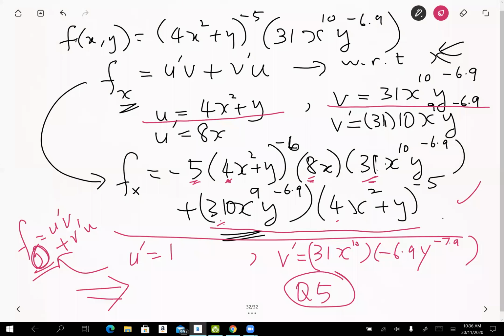Okay, you got it? So you have here U over V, question number 5. You let U be the term in the bracket, all right? So first thing that you do, of course, fx, which is equal to what? The formula says U prime V minus V prime U, everything divided by V to the power of 2. Now the prime is with respect to x.